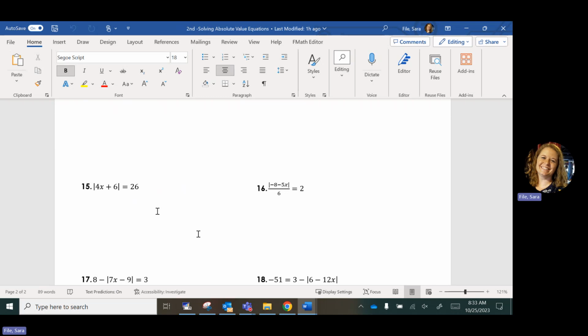If there are 2 blanks in Canvas, that should clue you in that you should have 2 answers. It's not no solution and it's not one solution. There should be 2 answers if there are 2 blanks. Okay, so that's a hint for you to be checking yourself when you go to type your answers in. If there is only 1 blank, you should either be typing no solution or typing in the 1 answer. Okay, does that make sense to everybody?